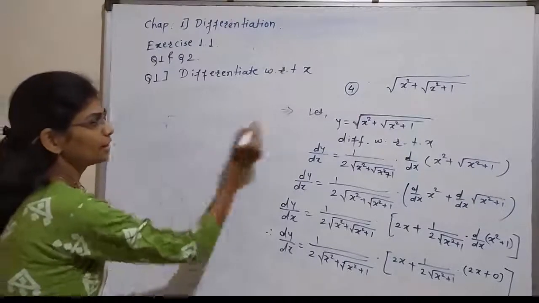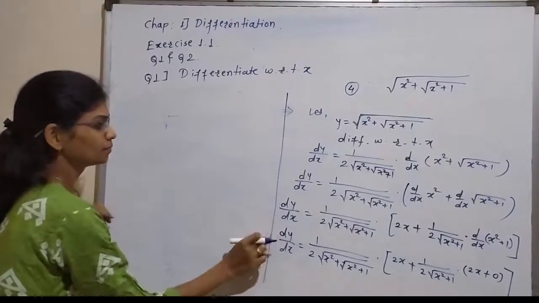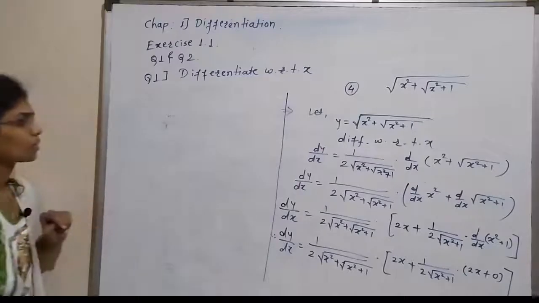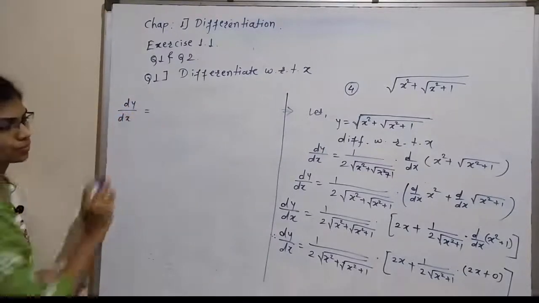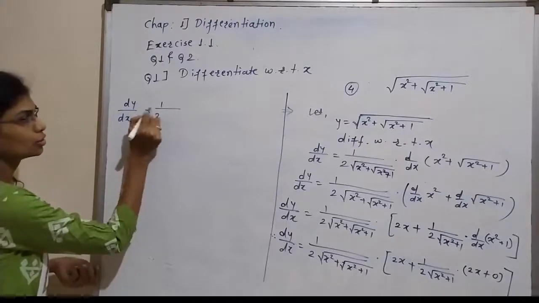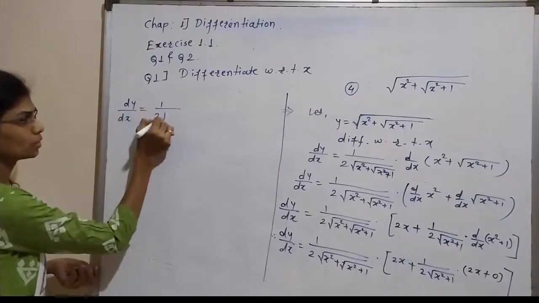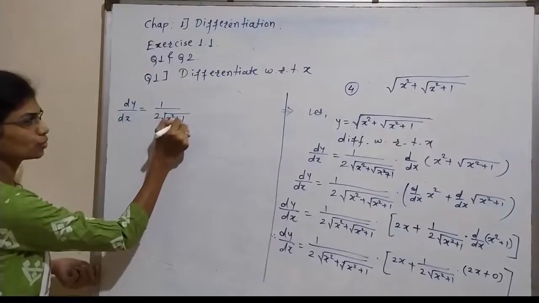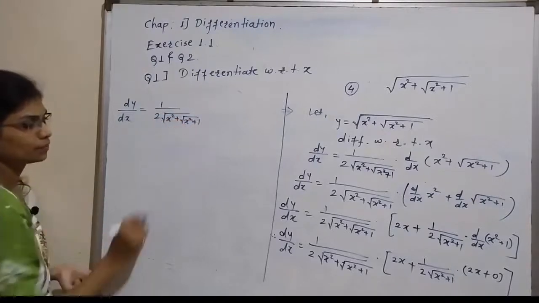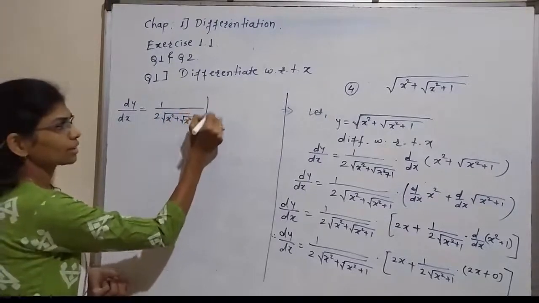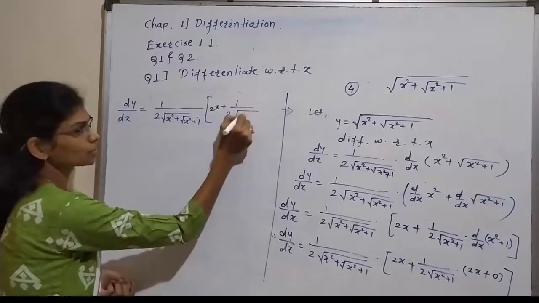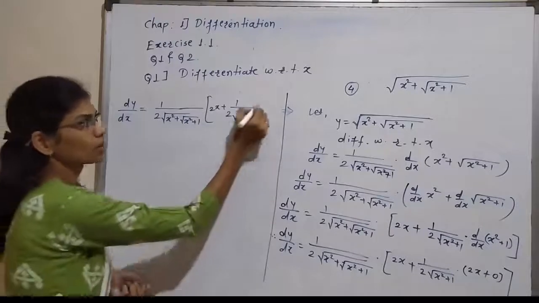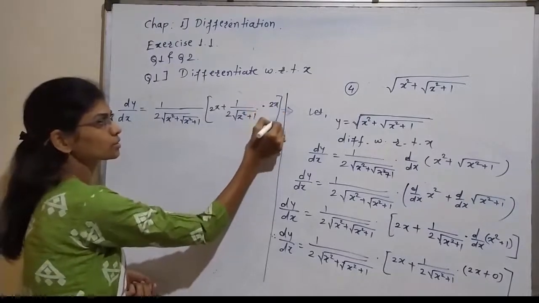Now the next step is that dy by dx is equal to 1 divided by 2 into square root of x square plus root of x square plus 1, in bracket 2x plus 1 divided by 2 into root of x square plus 1, multiplied by 2x.